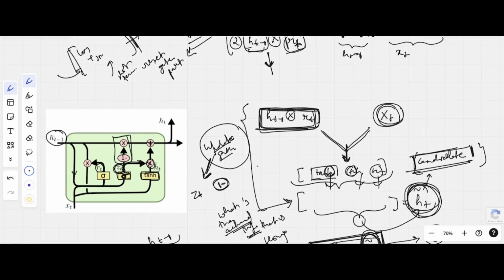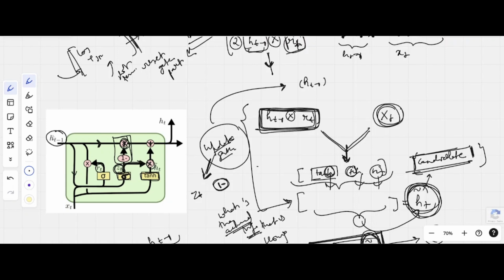So let me put it mathematically here. We are taking ht minus 1, this is how it's coming, and then a pointwise multiplication is happening. With which vector is this happening?